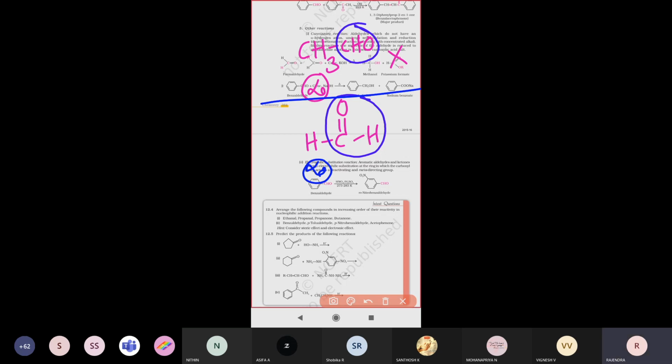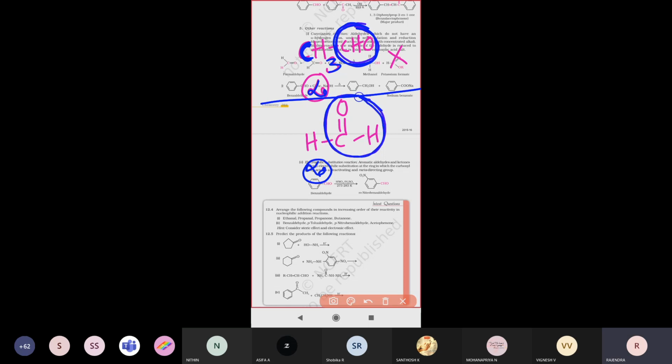Just listen. This is one functional group, and the adjacent carbon beside the functional group is the alpha carbon. If you ask how many hydrogen atoms this alpha carbon has, there are three hydrogen atoms. So this carbon atom is the alpha carbon. Now we have taken formaldehyde.